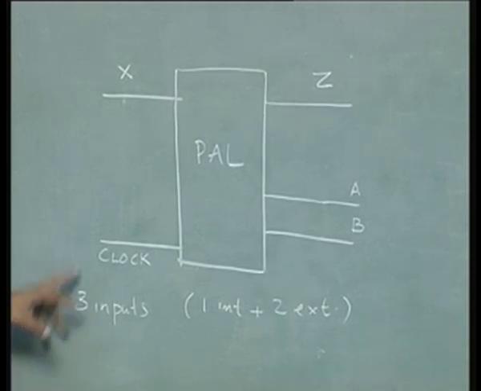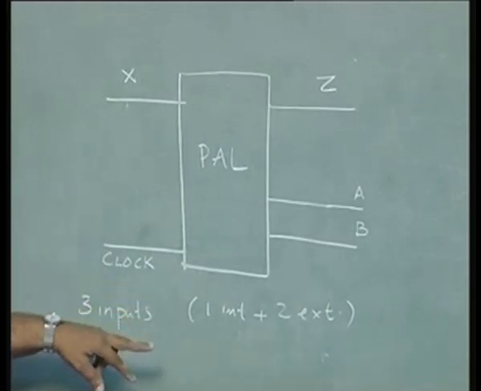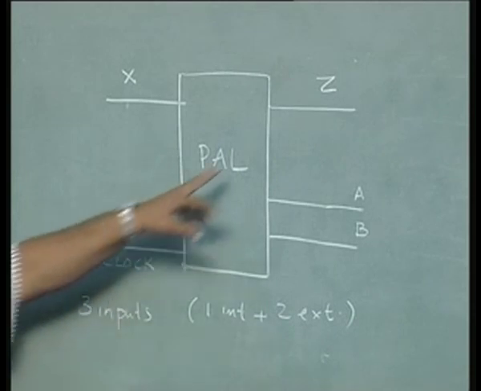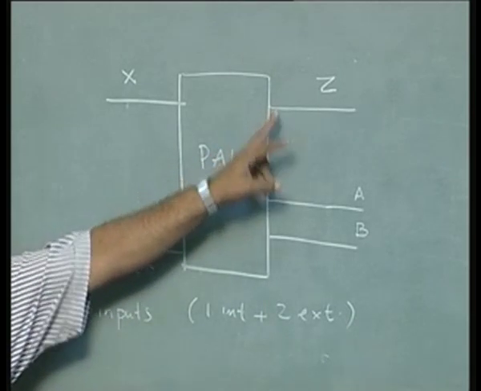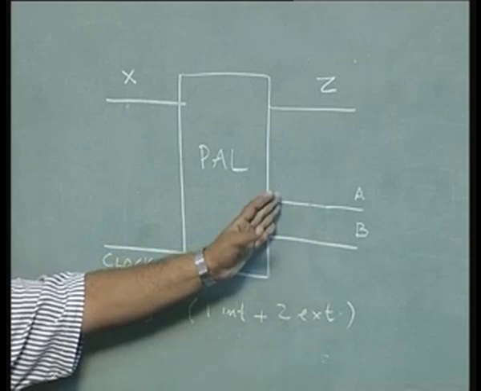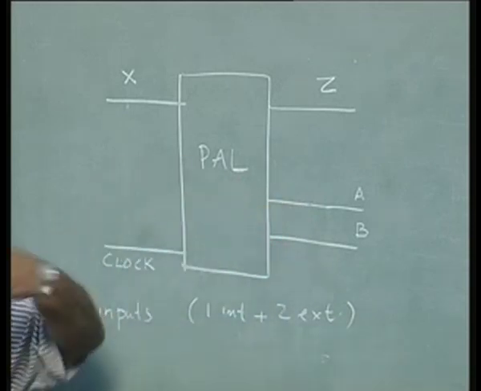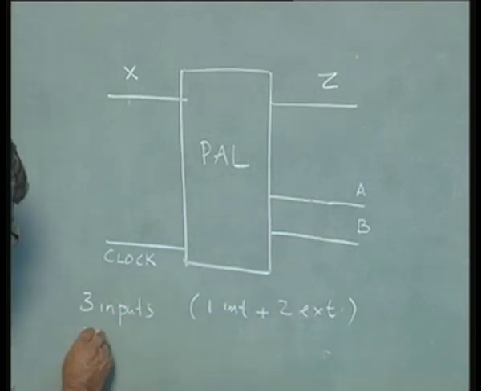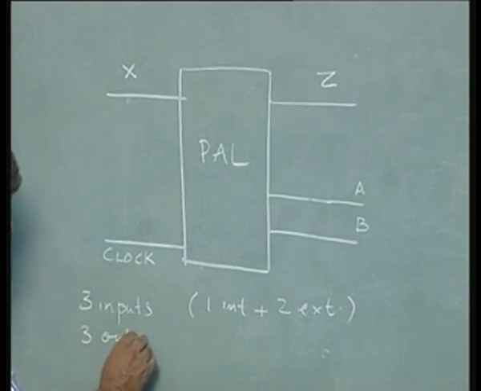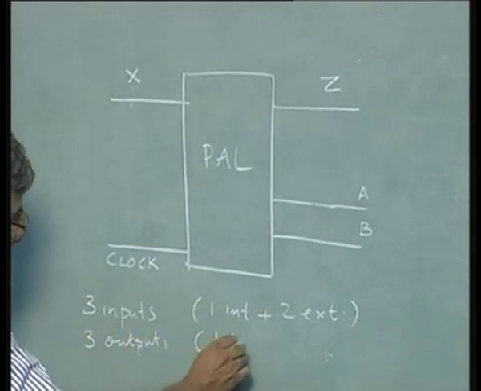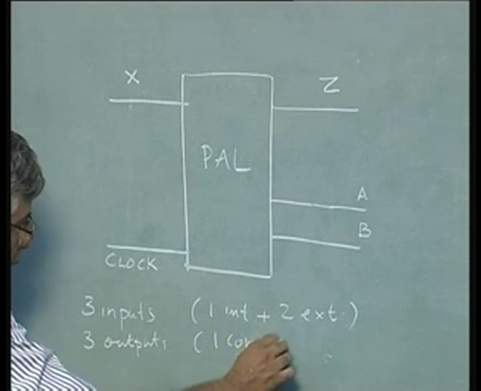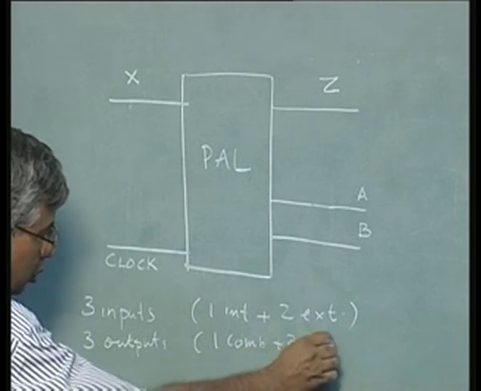Only 1 output is required, but then again A and B are not required, but they are available. So, I should also count them as outputs, 3 outputs, 1 combinational plus 2 registers.